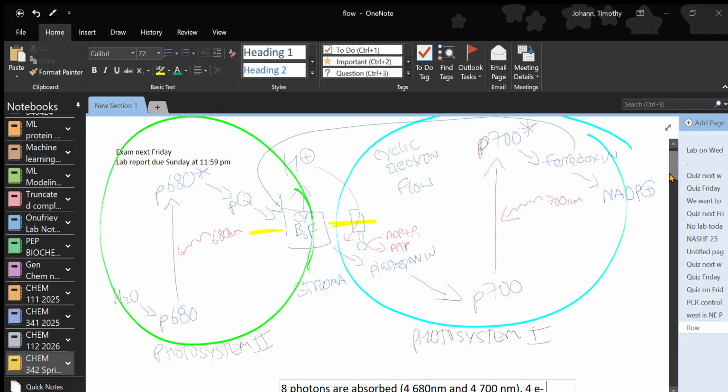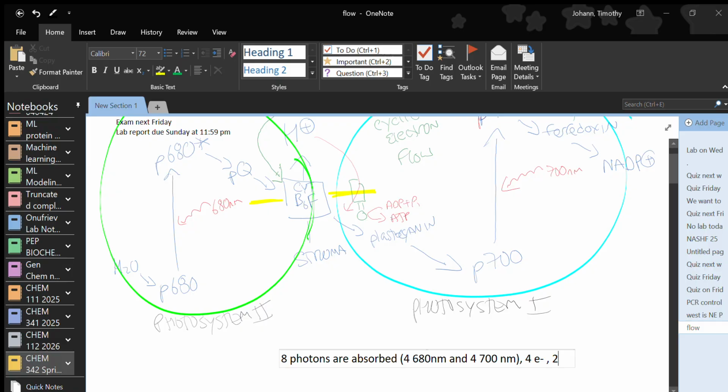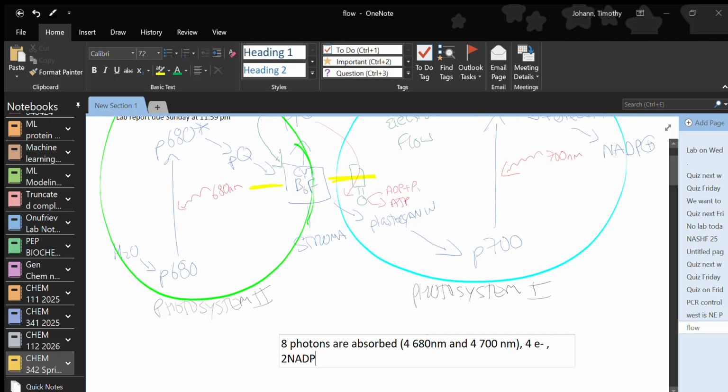So for 4 electrons, I'm going to get 2 NADPH. And we can't do this for ATP exactly. We're going to get 3 ATP. And this is the ratio that I need for the next process, for the dark reactions.